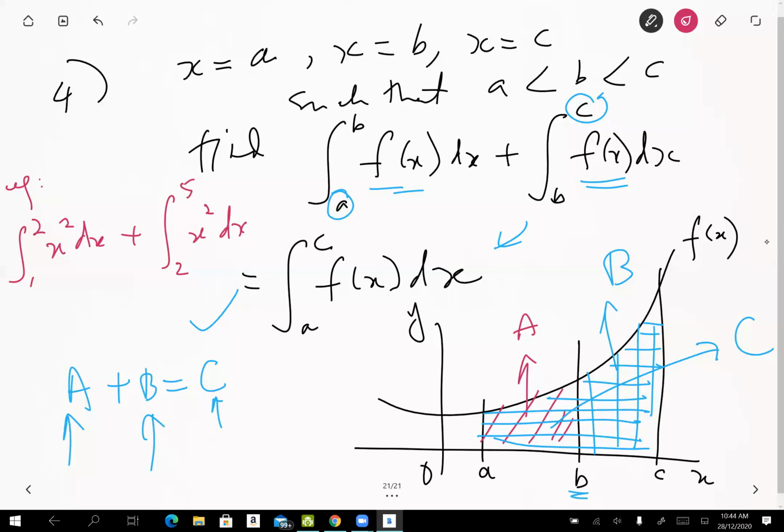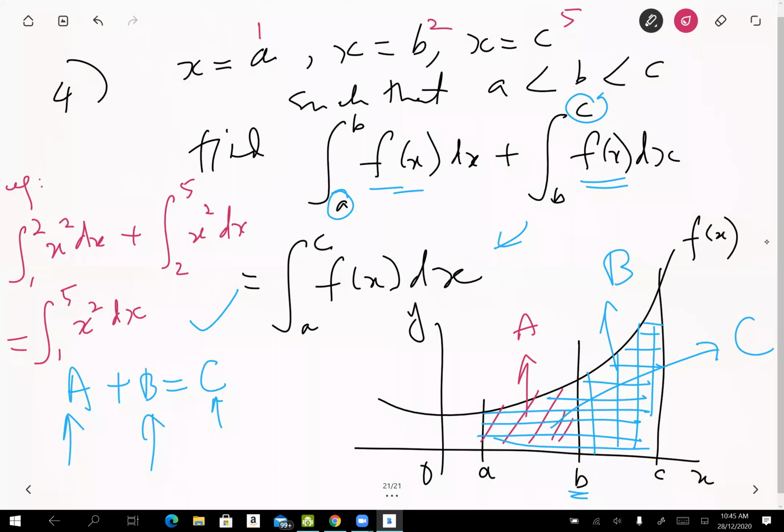This is 1, that is 2, that is 5, and 2 is in between 1 and 5. So you want to find the two areas of the same function. Therefore, you apply that rule. What you need is only the integral from 1 to 5 of x squared dx.